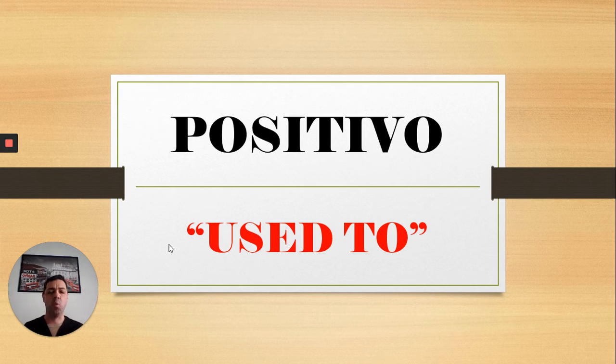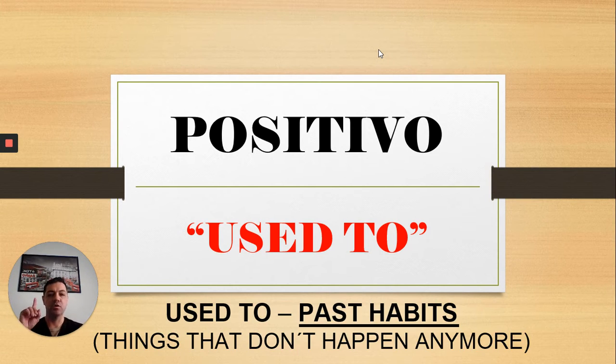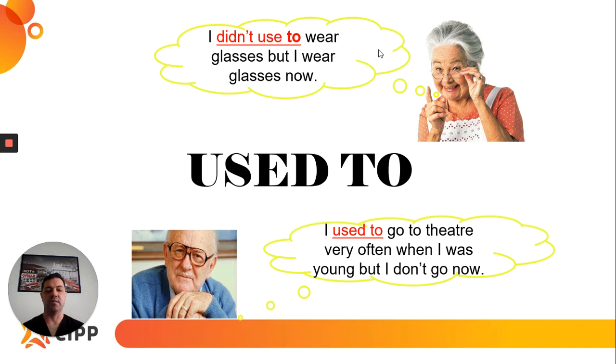So what is the idea of "used to"? When do you use it? The first thing, you talk about past habits. What are past habits? Things that don't happen anymore, or things that didn't happen, but now they do. Look at those two examples to start.